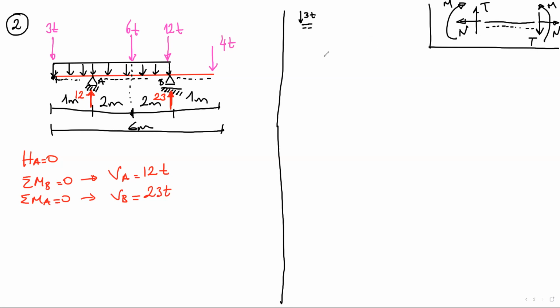I know this loading condition, and which positive direction should I put here? You can see the top right corner. At the top, I have a solid line, and at the bottom, I have a broken line. So this point, when I compare with the top right corner, is the right side. So I can put this one as a positive direction.